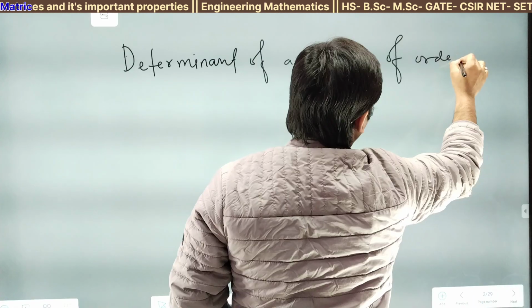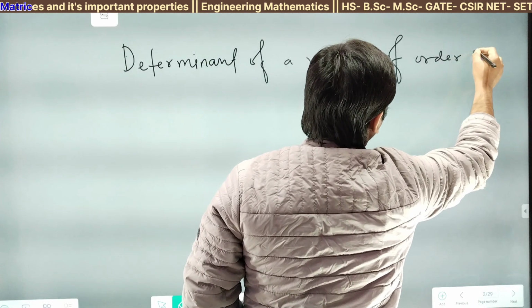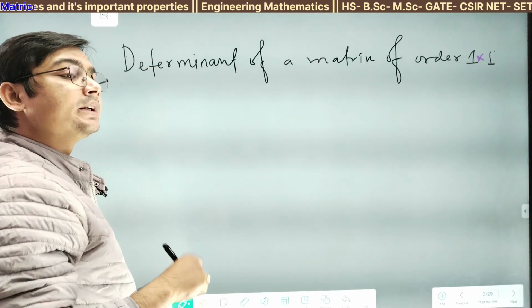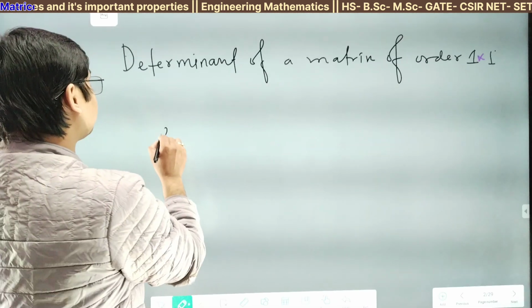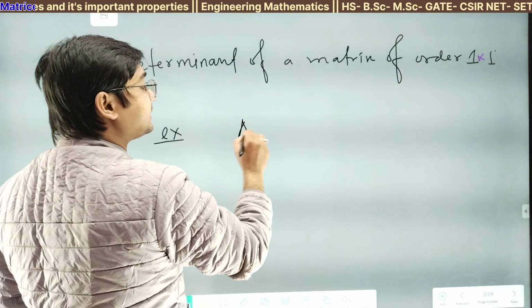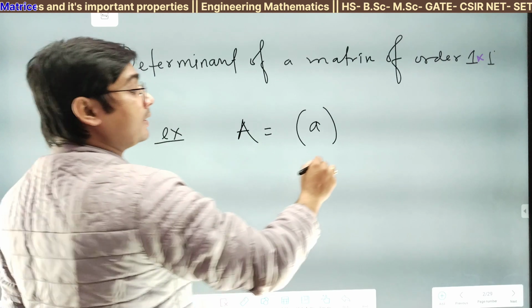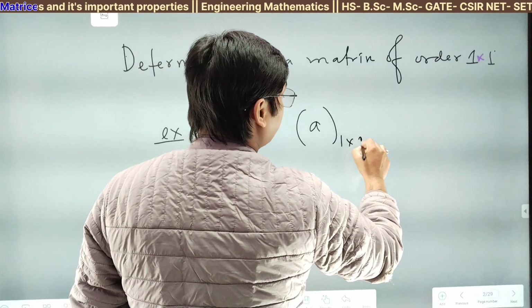Now guys, 1 by 1. When the order of a matrix is 1, what will be the determinant of that matrix? Suppose we consider a matrix A whose only element is 1, that means the matrix is of order 1 by 1.